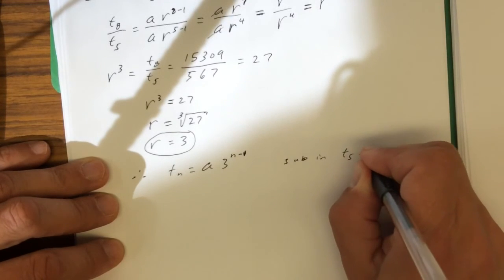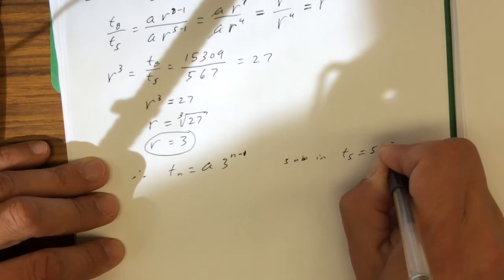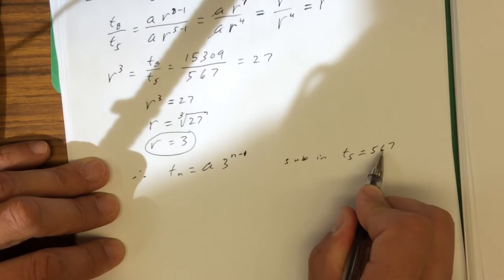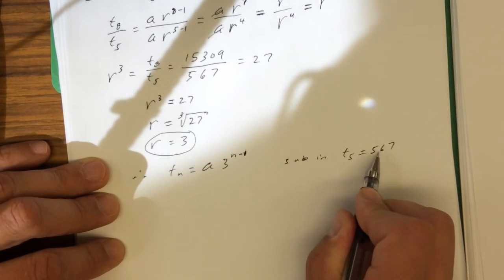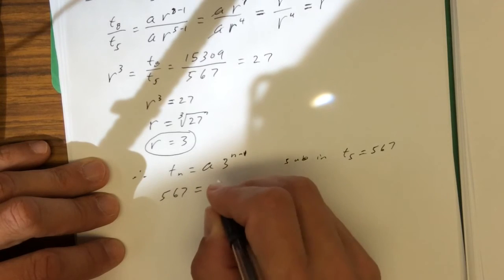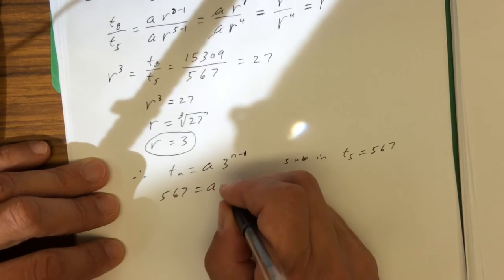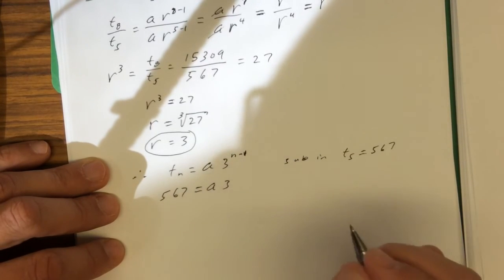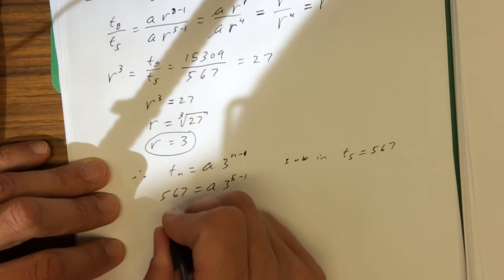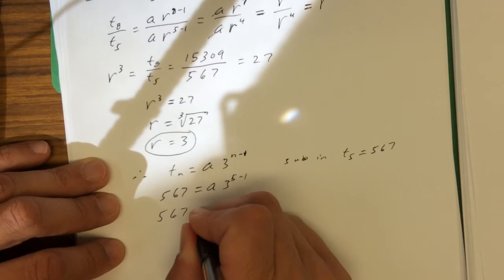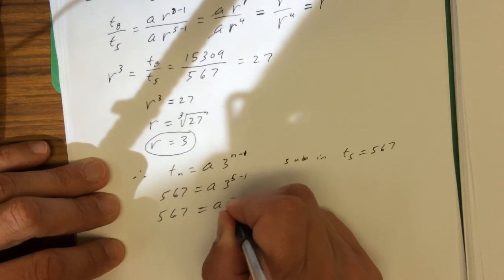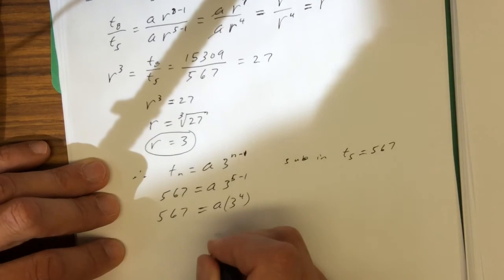T5 equals 567. Sub in 5 for n, 567 for Tn. So 567 equals a times 3 to the 5 minus 1. So 567 equals a times 3 to the 4.